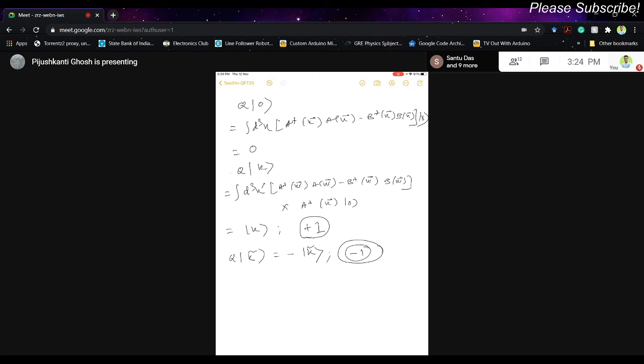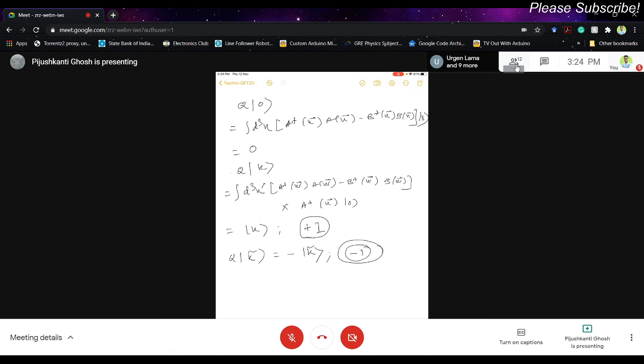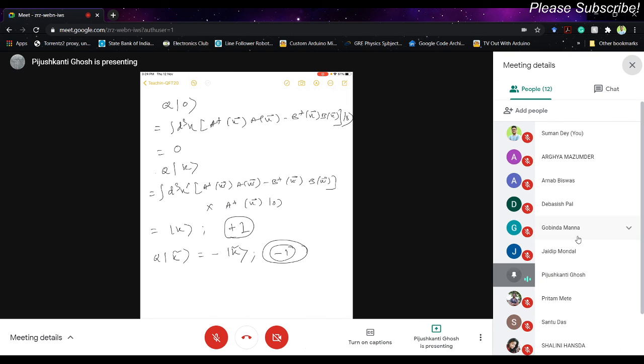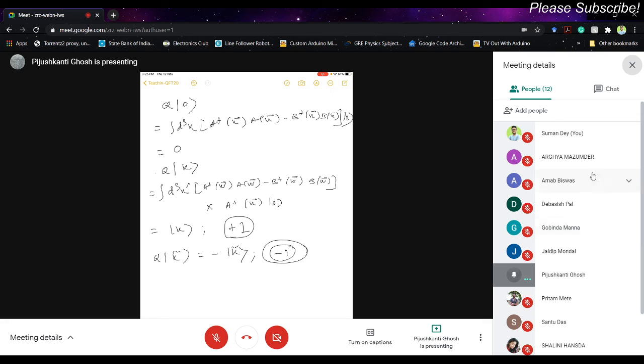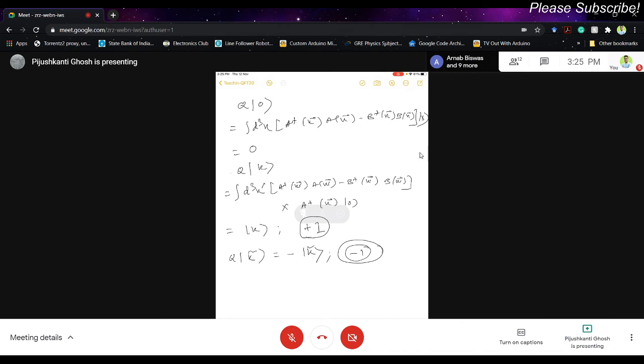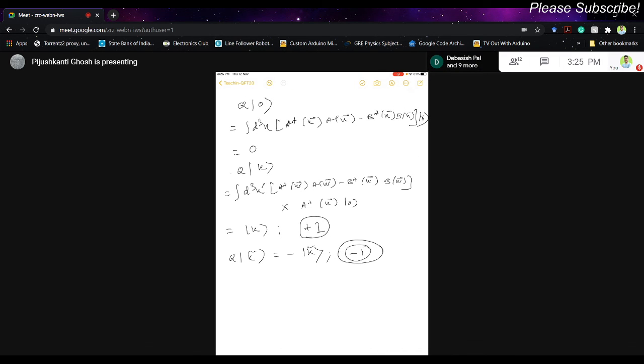So k tilde state has charge of -1 unit. Also I should mention that apart from this charge, all other physical quantities, momentum and energy, are the same for both k and k tilde states.